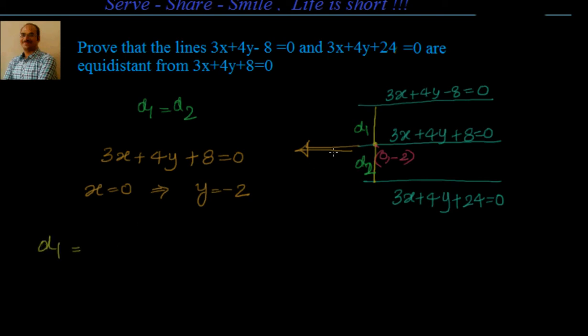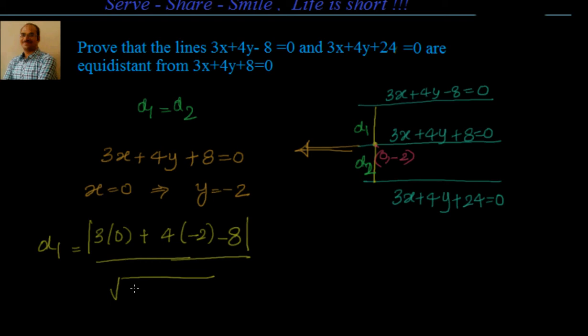d1 equal to the distance of (0, minus 2) from the straight line 3x plus 4y minus 8 equal to 0. That is mod of 3 into 0 plus 4 into minus 2 minus 8, divided by square root of a square plus b square, that is 3 square plus 4 square.